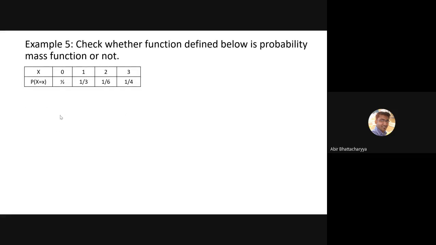Similarly, check the next one. It's also easy to check. The values are 1 by 2, 1 by 3, 1 by 6, and 1 by 4.